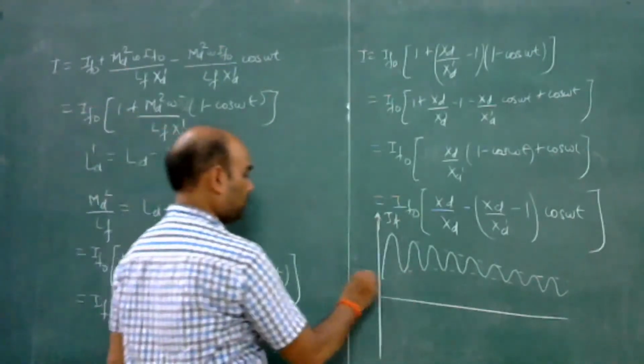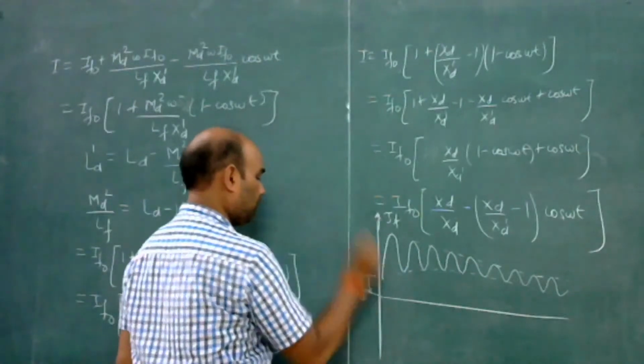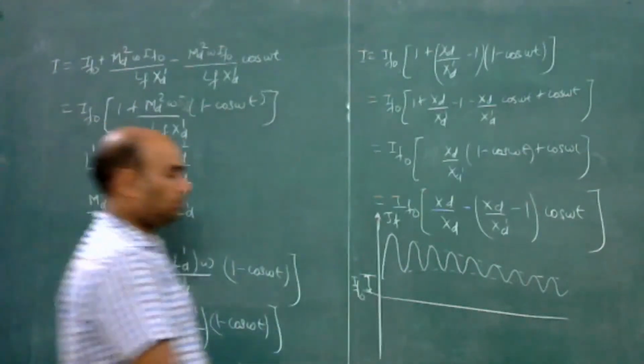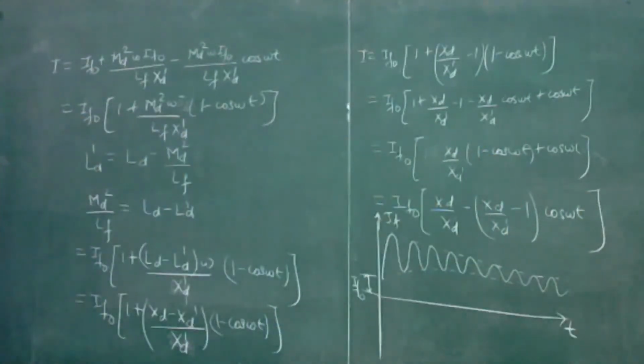And this is the field current with respect to time. Okay, so this is all about transient analysis of synchronous generator. Okay, thank you class.